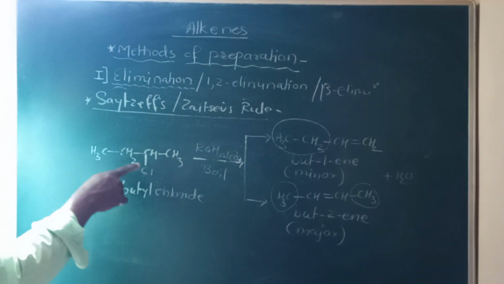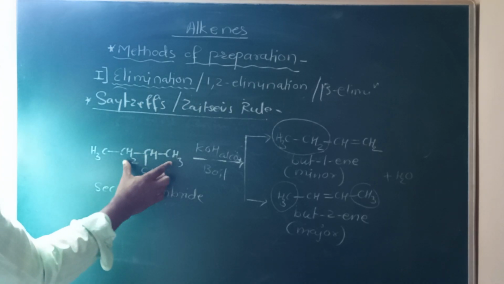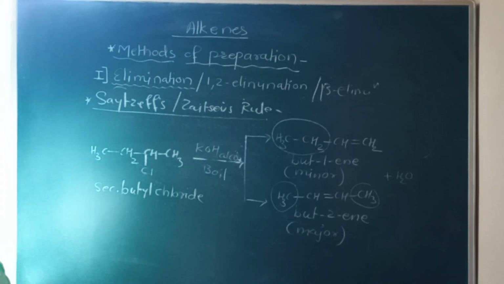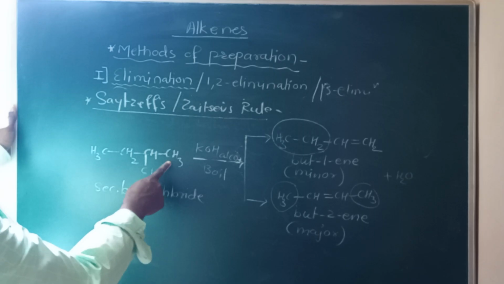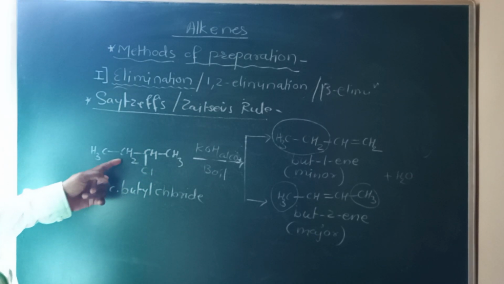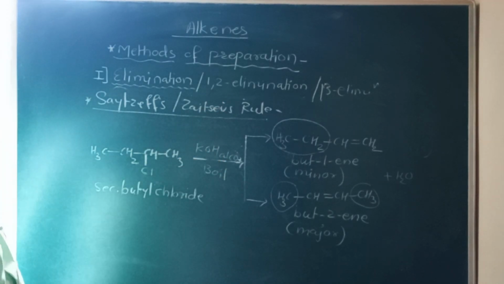So Cl is the halogen present on this carbon. With respect to this carbon, both of these carbon atoms are adjacent carbon atoms. Correct. So we can remove H from either of these two carbon atoms. If I remove H from this carbon, then a double bond gets formed between these two, and when I remove H from this carbon, a double bond gets formed between these two carbon atoms, giving the same alkenes.